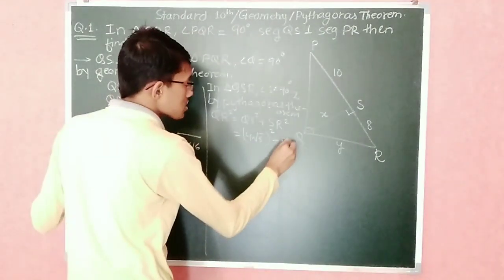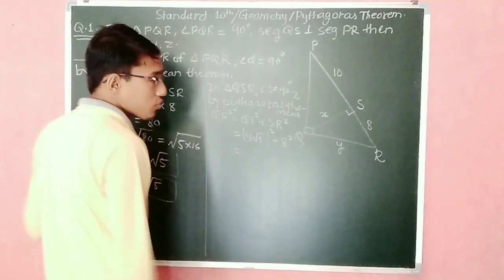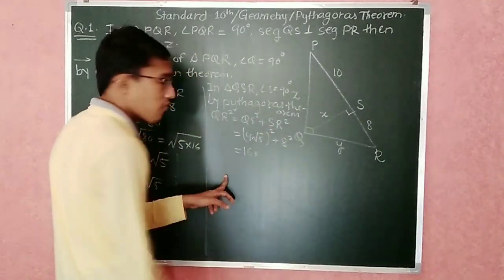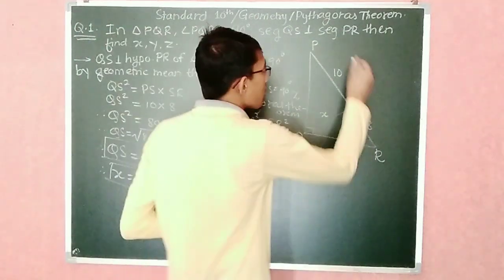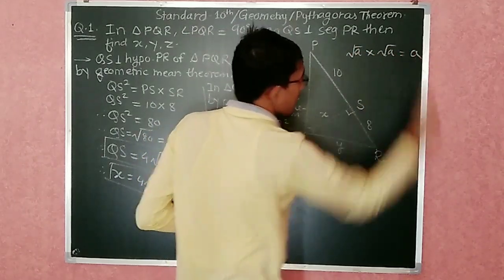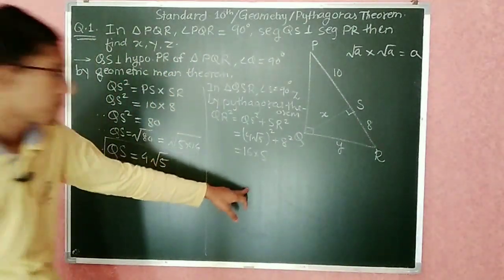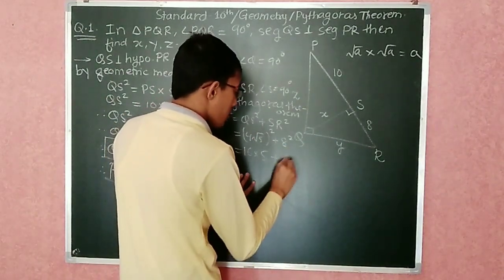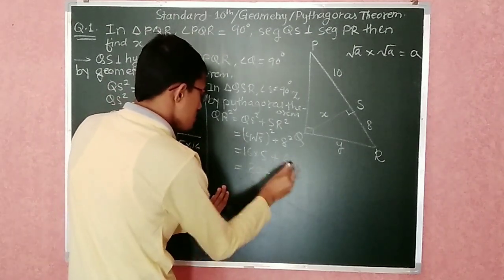It is 8 square. Now (4 root 5) square: 4 square is 16, and root 5 into root 5 is 5. Remember, root a into root a is nothing but a. So 16 into 5 plus 8 square, which we know is 64. So we get 80 plus 64.